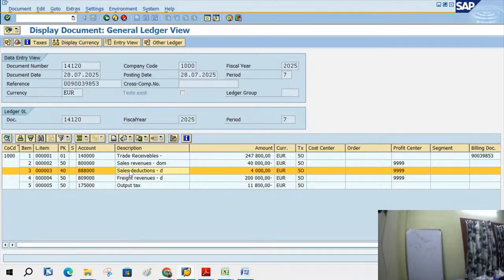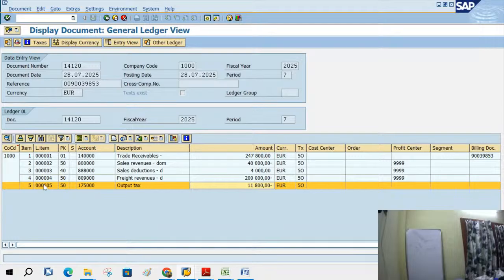The freight, what is the freight condition type? The freight condition type was KF00. In week 11, you are done. Correct? So KF00, that amount 200,000 is going in the GL account 809,000. And 11,800 was your tax amount in the sales order will go into 1,75,000. Clear?